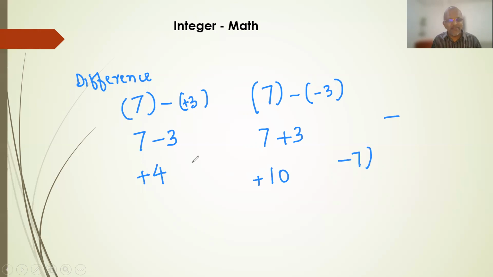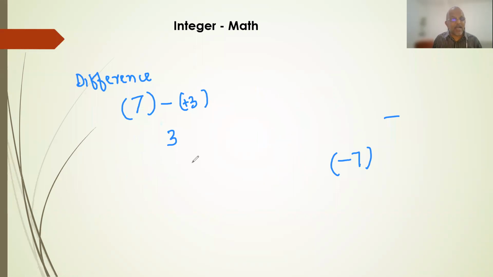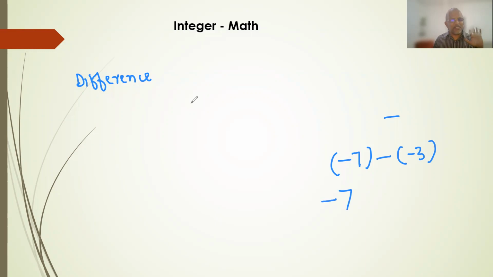Minus 7. Let me rub this. Now, kids, I have seen most of the kids making this mistake. That is the reason I picked up on this. Minus 7 minus 3. What happens? Minus 7 gently comes out and remains minus 7.